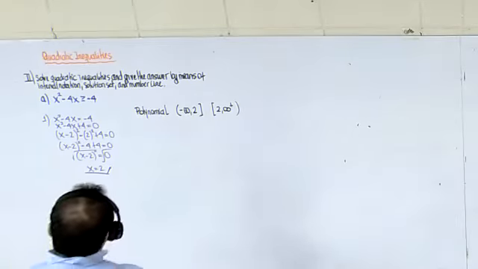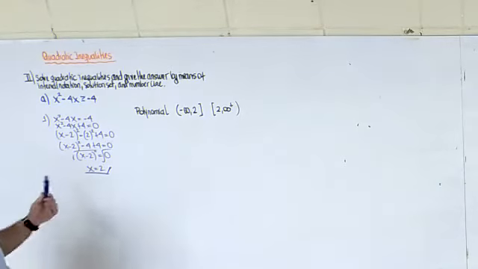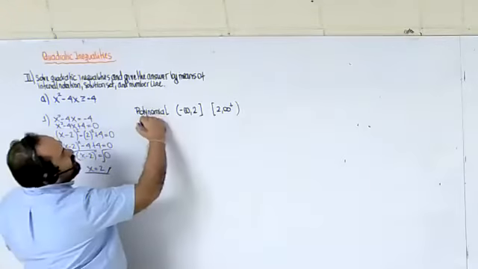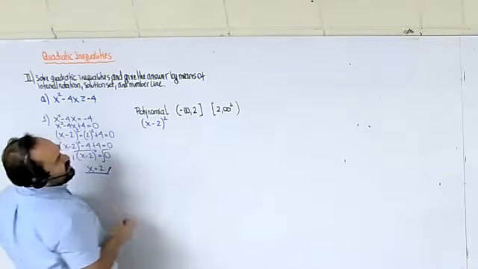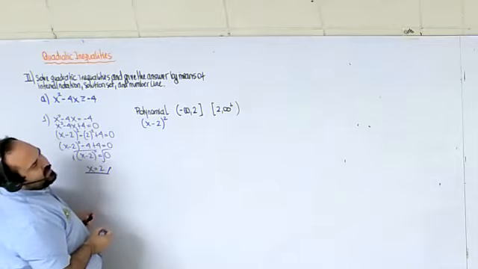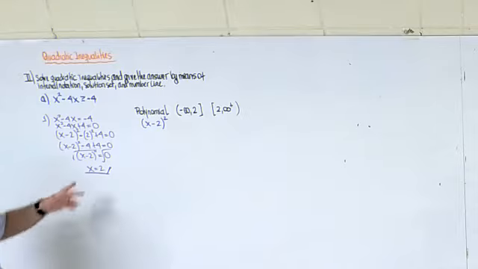In the polynomial, remember the solution was (x minus 2) squared. And obviously, the expression will be x squared minus 4x plus 4, greater than or equal to 0.